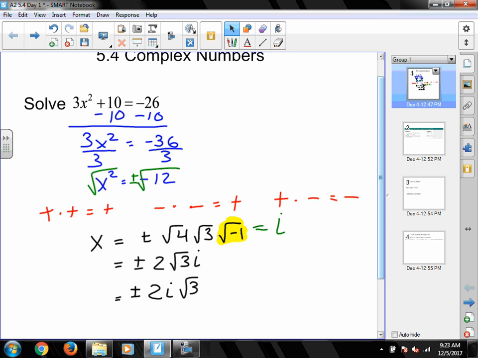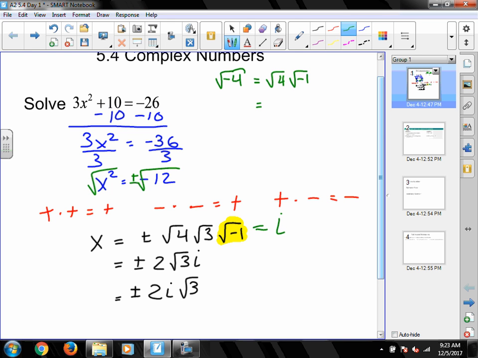If I give you the square root of negative 4, that'll break down into the square root of 4 times the square root of negative 1. So whenever you're taking the square root of a negative now, we'll take out that square root of negative 1. So square root of 4 is 2. Square root of negative 1 is i. So the square root of negative 4 is 2i.